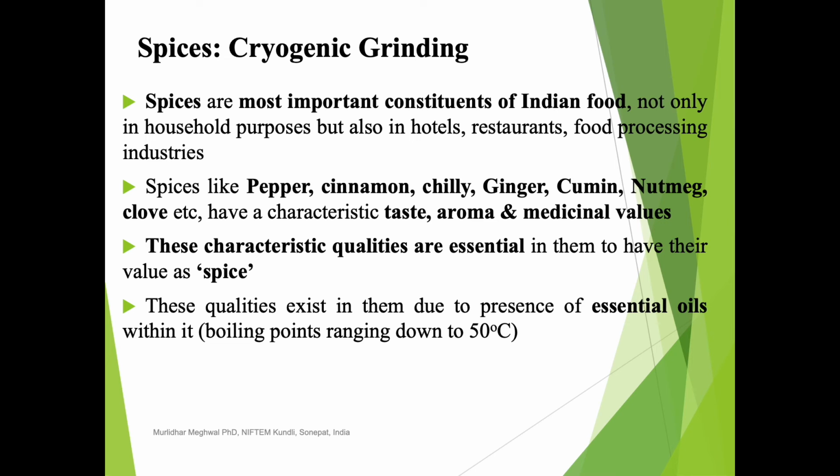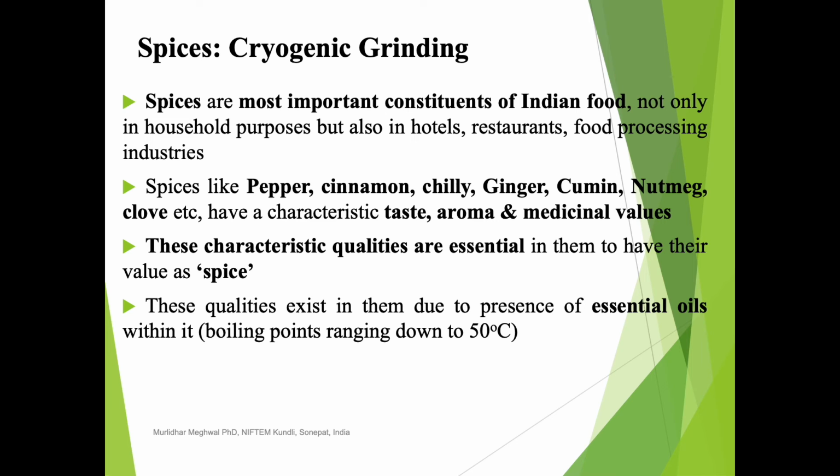Examples are pepper, cinnamon, chili, ginger, cumin, nutmeg, clove. They have characteristic taste, aroma, and medicinal value, and we produce a lot of them, with a lot of economic incentives.